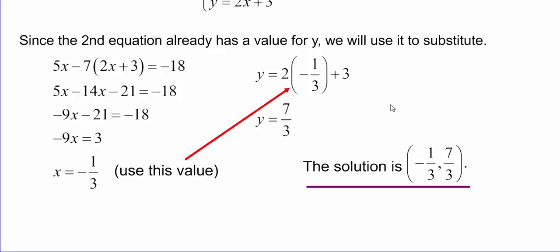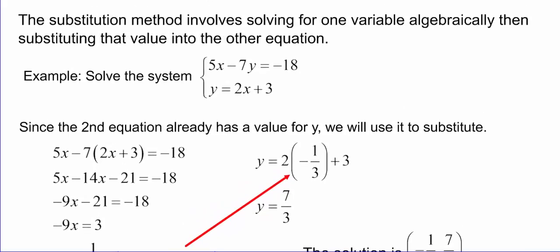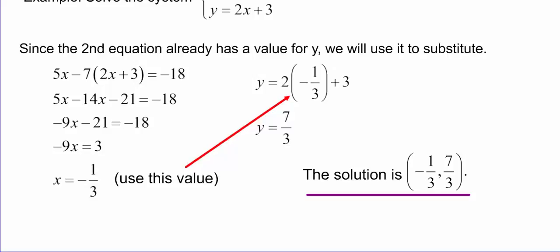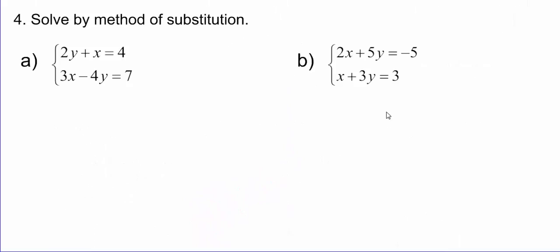It doesn't matter as long as you do the first part right, the second part should follow. And then we get our y value. And you can see here the ordered pair -1/3, 7/3 is the solution. Again, we could find that other methods, but if we graphed it, that would be the intersection. But this one we're going to use substitution.